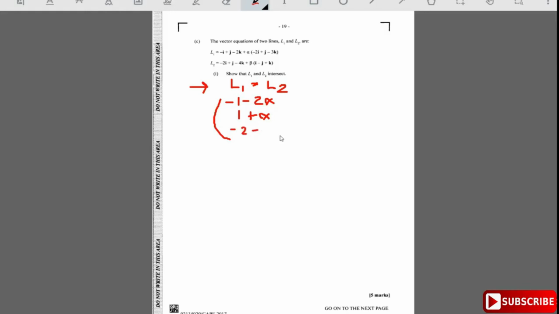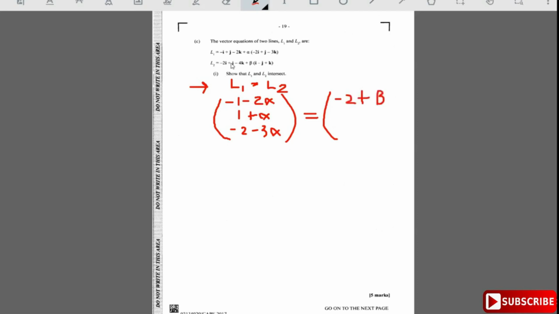And that's grouping the K components for L1. Going to have a look at L2. L2 is -2 plus beta.